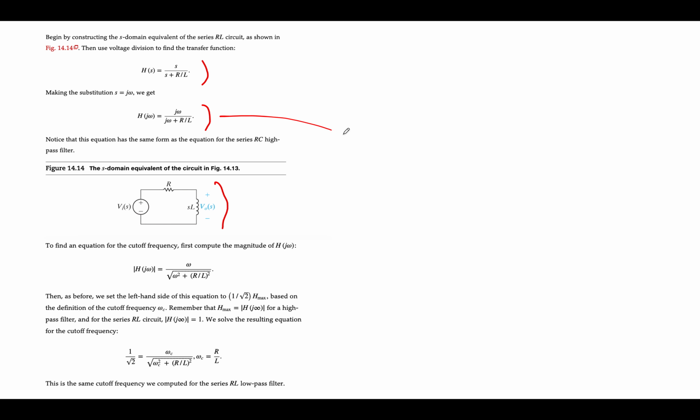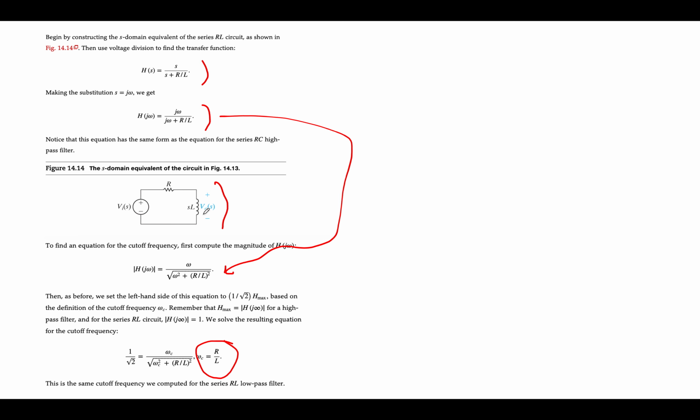We then take our function of j omega and first find its magnitude, and then we set the magnitude equal to 1 over the square root of 2 in order to get the cutoff frequency, which once again is R over L. That is the same cutoff frequency as for the low-pass filter, only because we are taking the output voltage across the inductor and not the resistor, we're actually creating a high-pass filter.